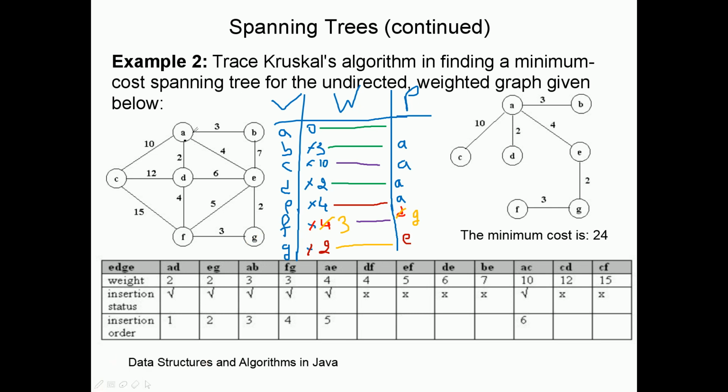So I have from A, because A is the predecessor of B, of C, of D, and E.